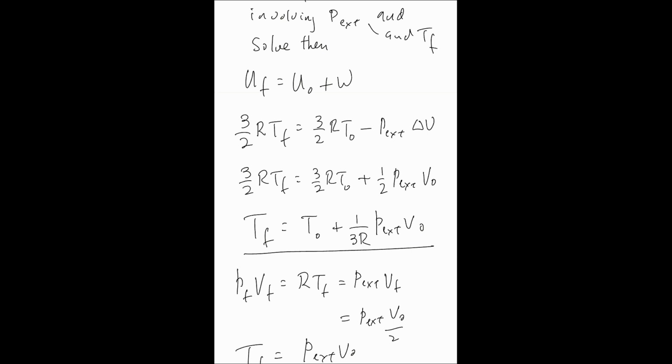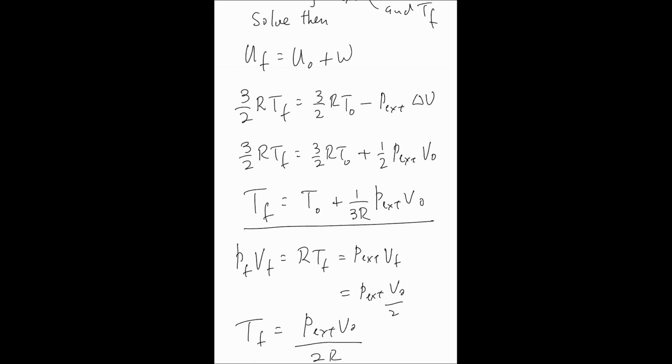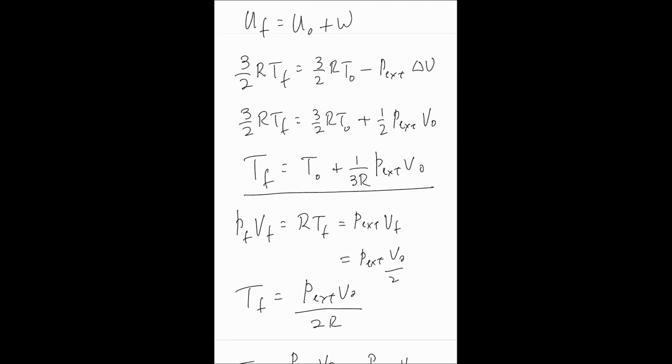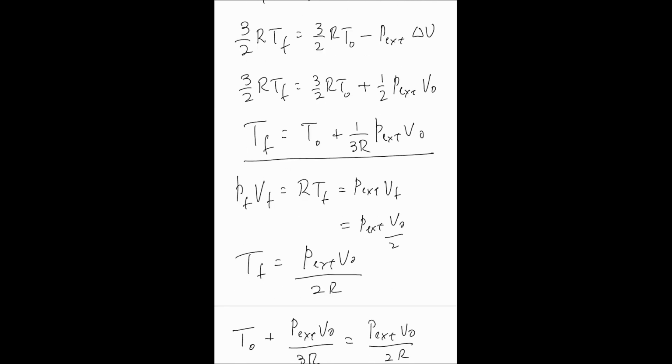We're going to do positive work, and so 3/2 RT_F equals 3/2 RT naught minus P_ext ΔV. Remember, ΔV is negative, it's minus V naught over 2, so that second term is positive. And we can go through that. So I have the final temperature as a function of things I know and the external pressure, right?